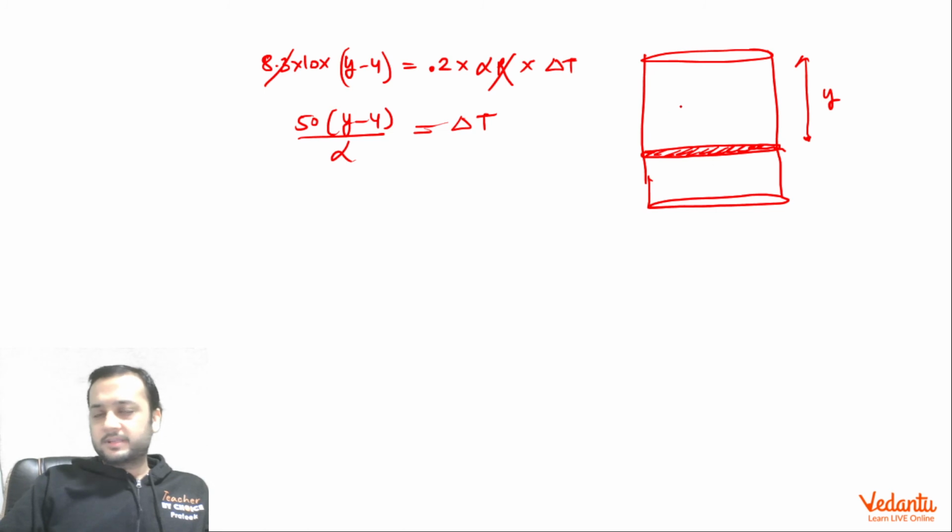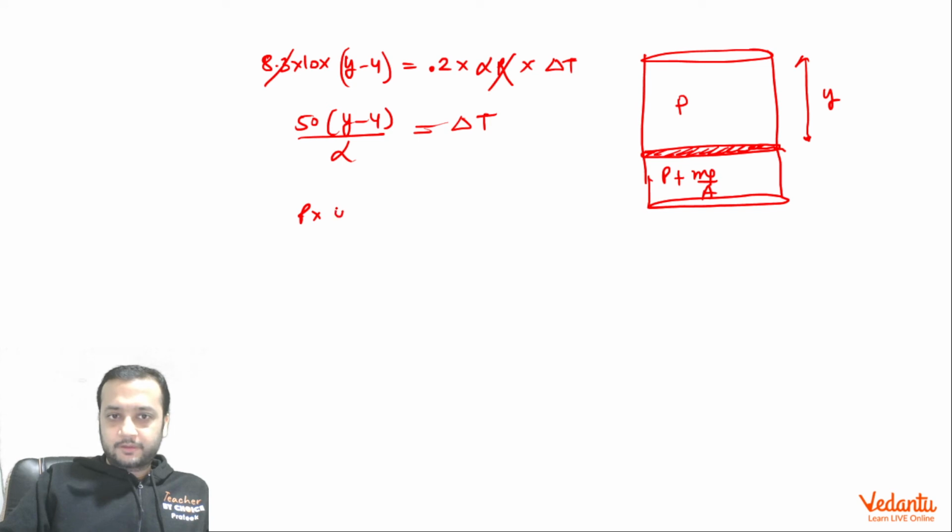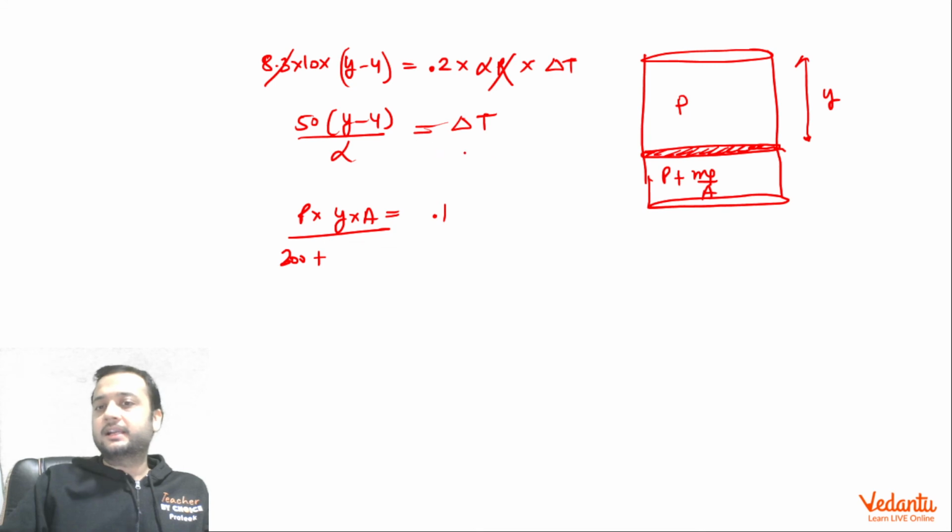After that, the idea remains the same. We can say that here pressure is P, then here pressure will be P plus mg by area. So if you write PV equals nRT over here, what will we write? P into the volume of this part, which will be y into A, should equal 0.1, or we can divide by temperature also, PV by T. So T will be the initial temperature 300 plus delta T, right?